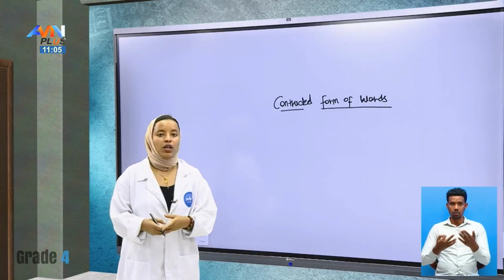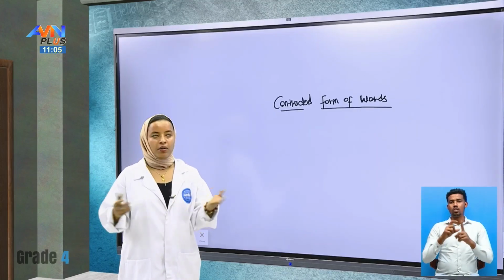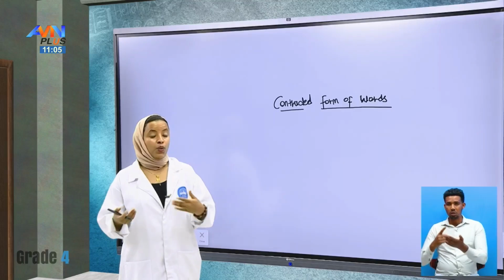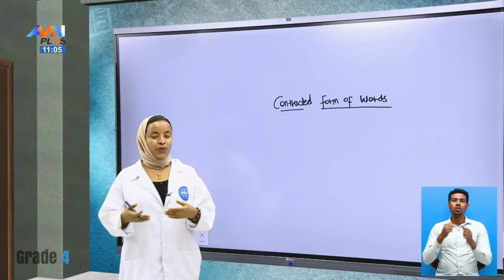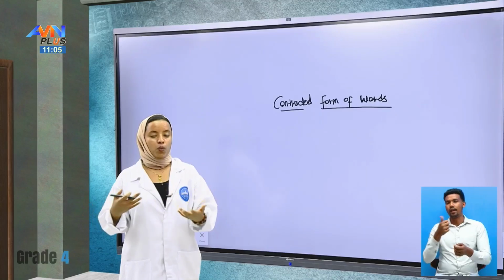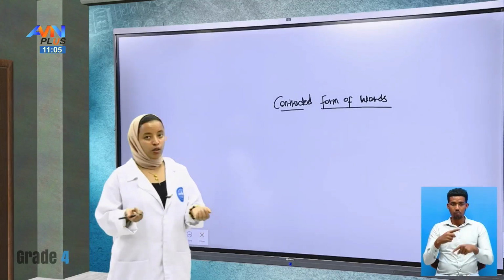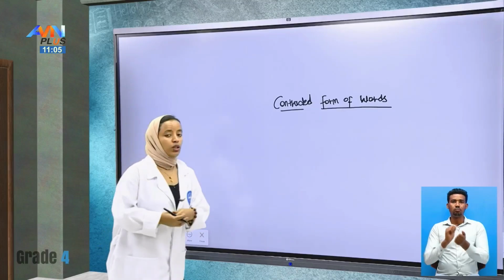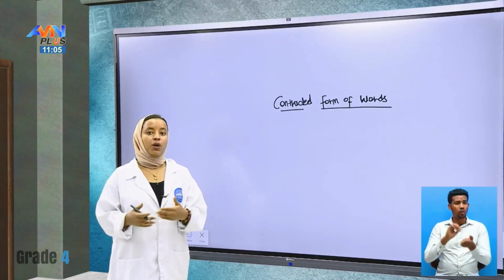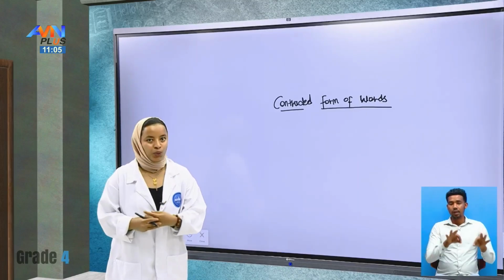Here we can use different words, sometimes a verb, sometimes a noun, sometimes even a pronoun. We can use them with other forms of words. Let me show you. For example, how many pronouns do we know, students? Pronouns are words that replace nouns, we said.